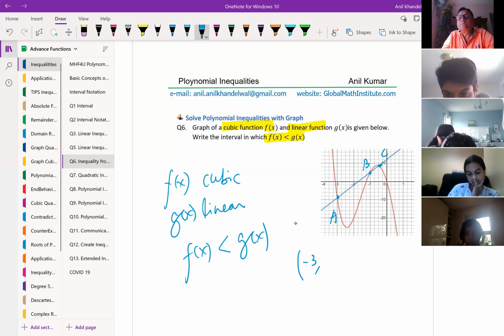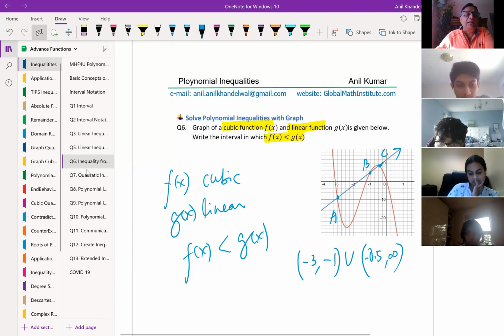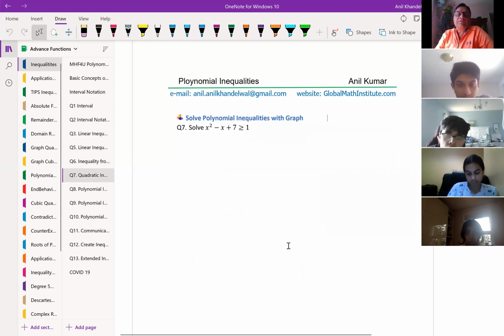That is then -1, and then 0.5, you can say 0.5, to infinity, right? Because thereafter f of x is going higher and g of x is going down. Correct? Is that clear? So from the graph, you have to read it properly and get the answer as we just did. No problems.